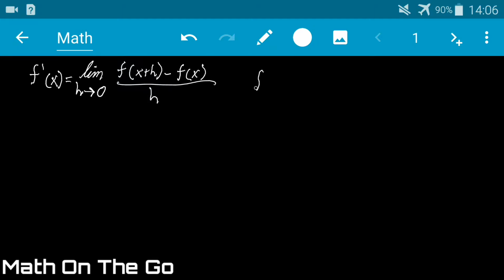We will solve the function f of x equals x squared plus 2x minus 1 using the definition of derivative.